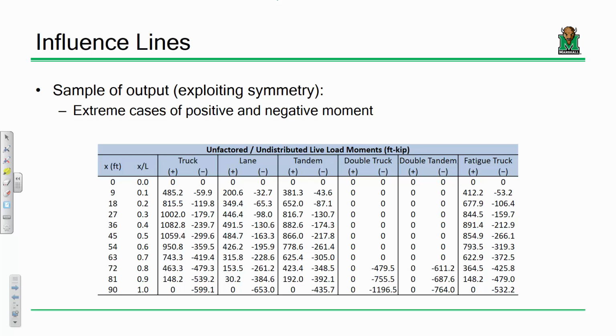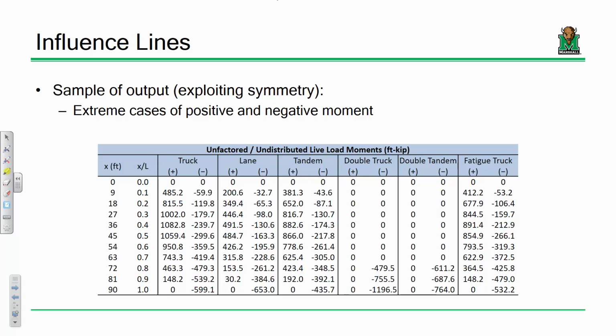Now let's take a look at the truck columns. You can see I've got a series of positive values and a series of negative values. For instance, at 0.4 L, this is the maximum positive bending moment I can get out of the truck, and this is the maximum negative bending moment I can get out of the truck. Does that make sense? Because the truck can smiley face and it can frowny face.